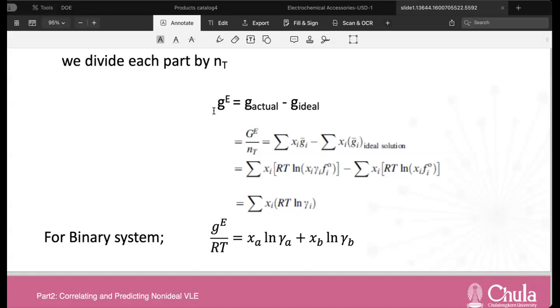On the left hand side we have GE over RT. And the right hand side, because we consider only a binary mixture, becomes x1 log gamma 1 plus x2 log gamma 2. You can say A and B is the same.